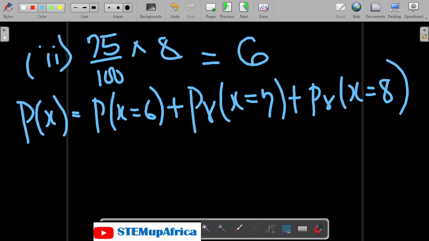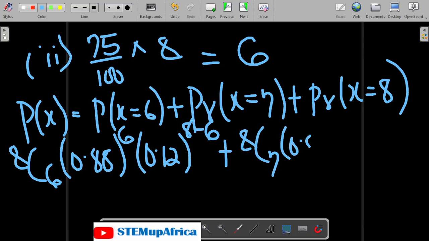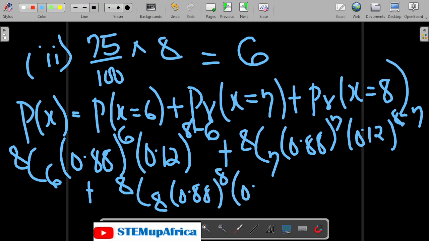So let's do the probability of 6. I'm going to have 8 combination 6, 0.88 raised to the power 6, then 0.12 raised to the power 8 minus 6, plus 8 combination 7, 0.88 raised to the power 7, 0.12 raised to the power 8 minus 7, plus 8 combination 8, 0.88 raised to the power 8, 0.12 raised to the power 8 minus 8.